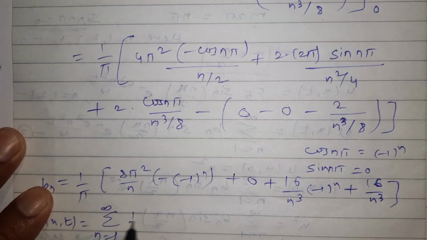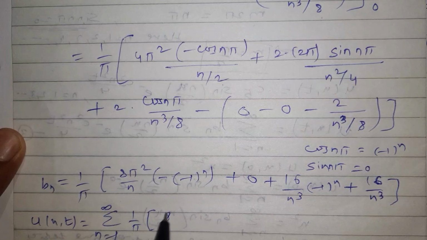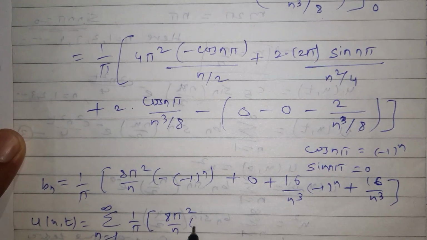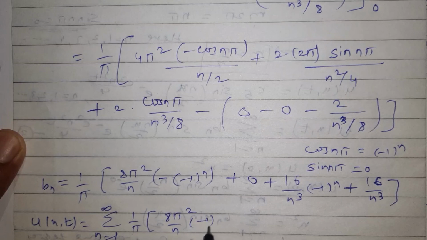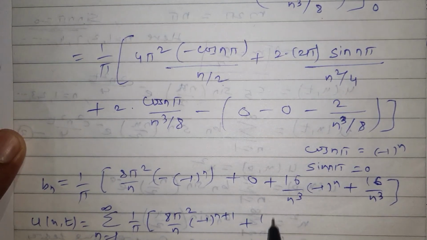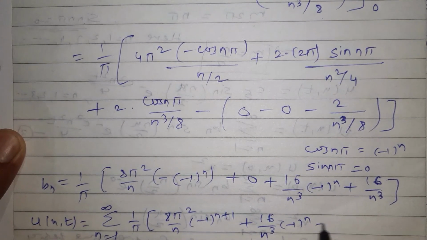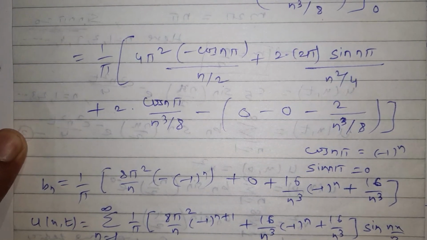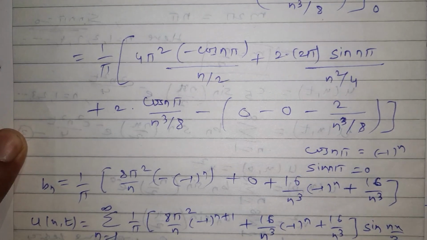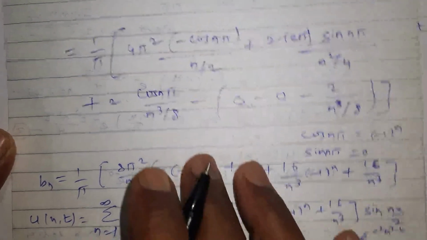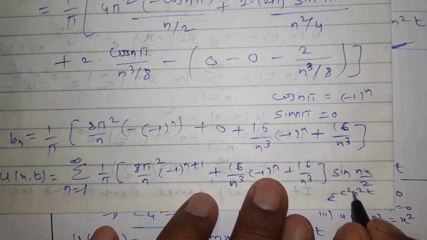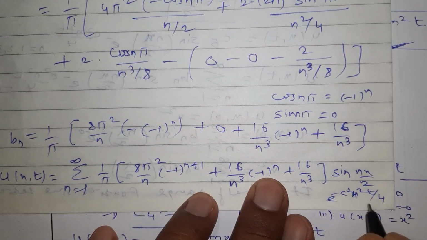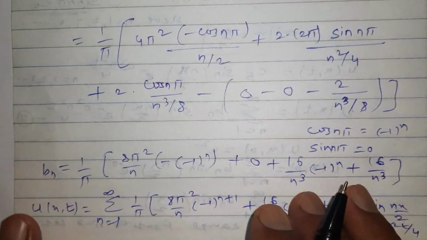Write down this Bn. 1 upon pi, 8 pi square upon n, minus 1 raised to n plus 1 plus 16 upon n cube, minus 1 raised to n plus 16 upon n cube, into sin nx upon 2 into e raised to minus c square n square t divided by 4. So this is our final answer, right?